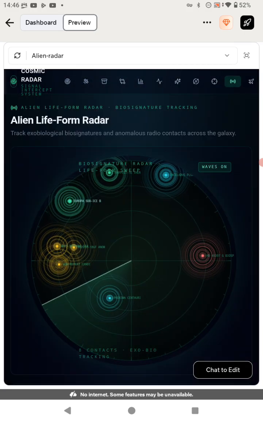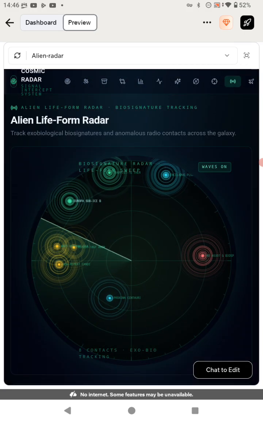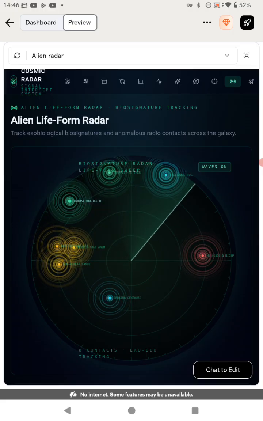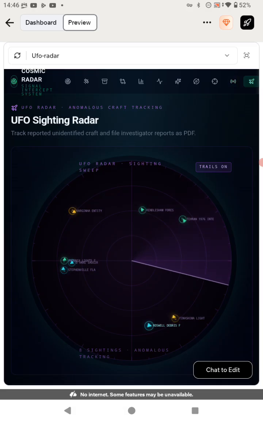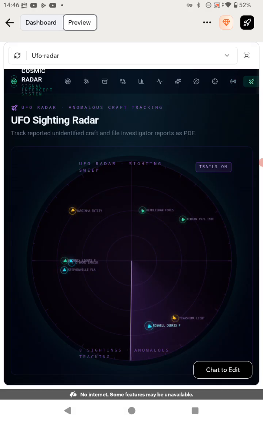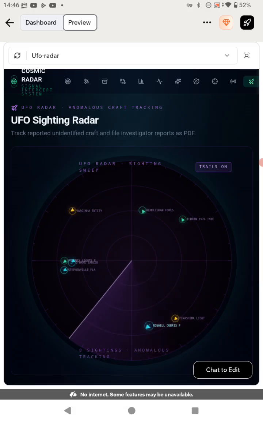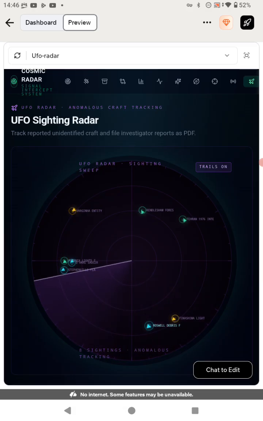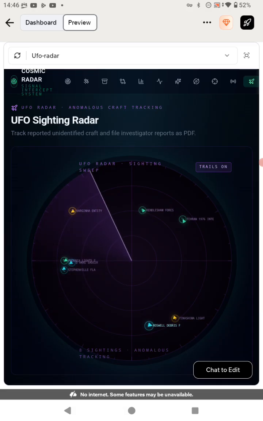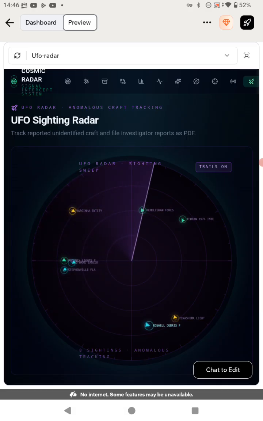So now, okay, now we got a UFO sighting radar. As you can see, lots of UFOs, boom, boom, boom, boom. But, you see, a UFO doesn't mean it's going to be a spaceship.